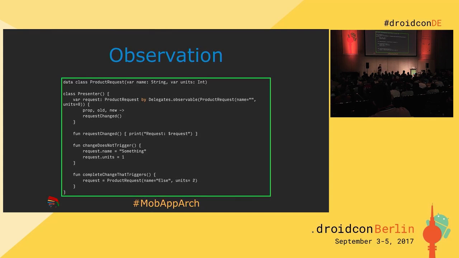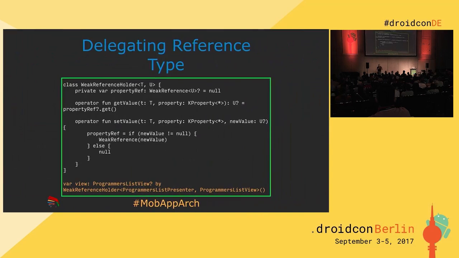Really, really powerful. Not only for that, you can have this other implementation, which I haven't seen anywhere. Maybe you want to have a weak reference from the presenter to the view. Let's say that you want to survive configuration changes. And when you have this reference to the view, you want this reference to be weak in case you want to delete it.